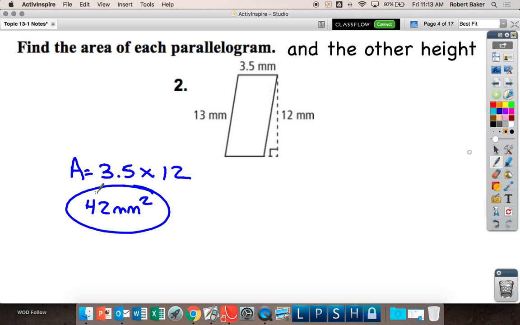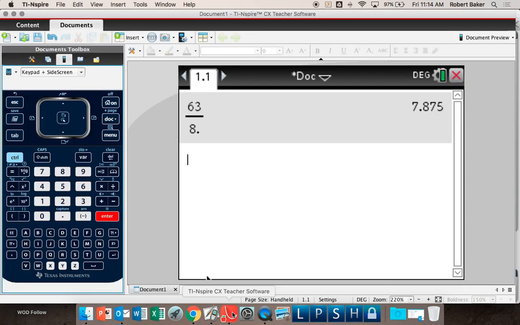Using that information, what is the other height? If the area is 42 millimeters squared, and we're using this base, what is the other height? 42 divided by 13. 3.23.